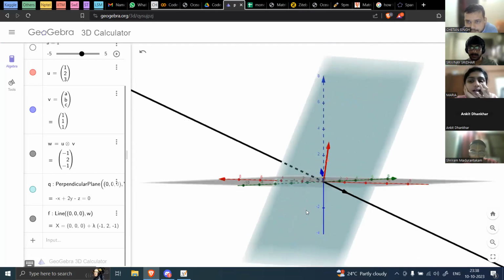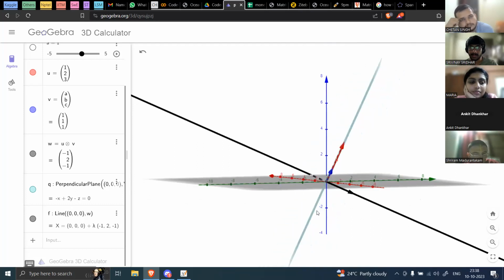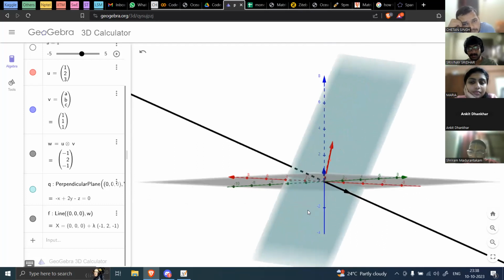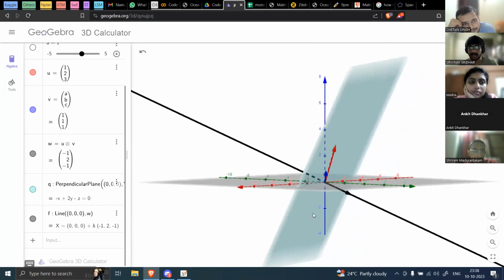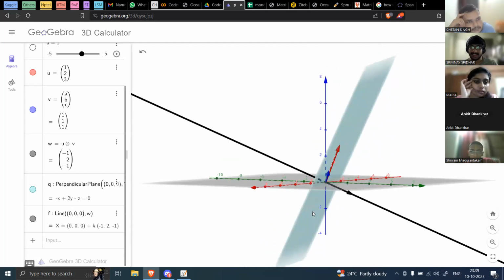So every point on the line that can be reached by that vector actually goes to 0, 0, 0, which is the origin.